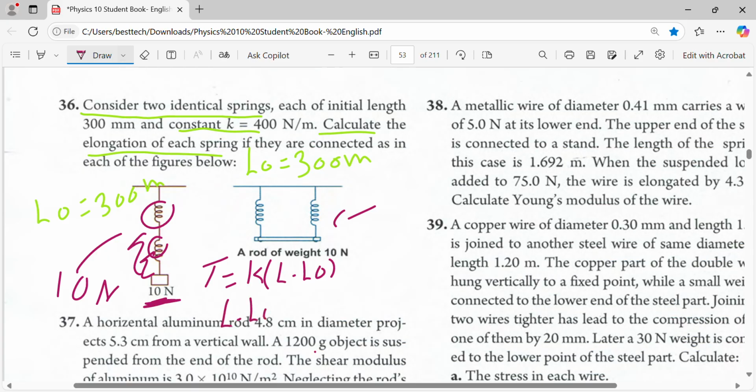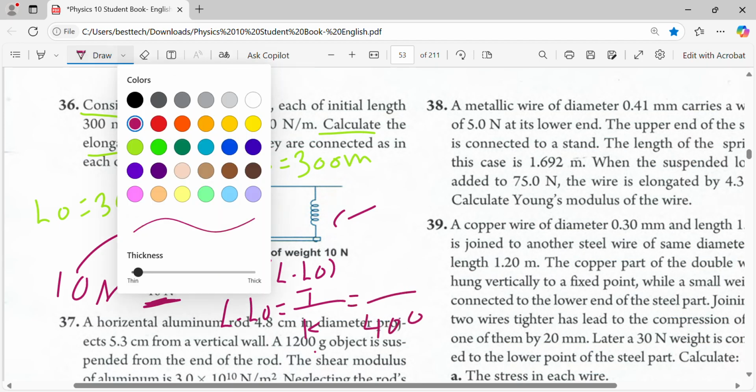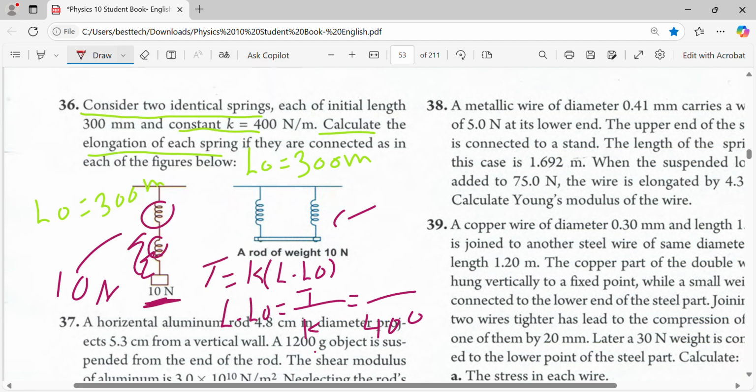L minus L naught equal to T over K. Okay, same, K is 400. But be careful. In that case, it's written the rod of weight is 10 Newton.